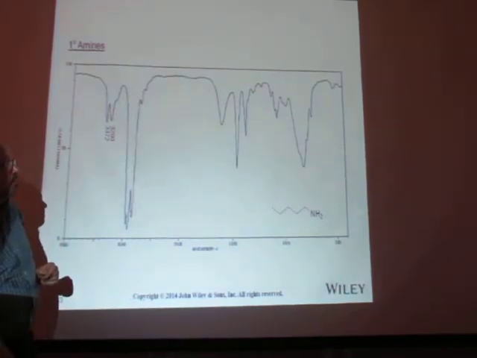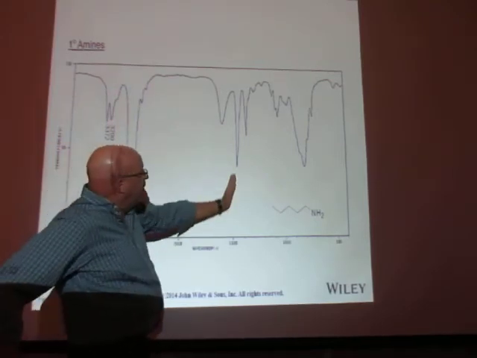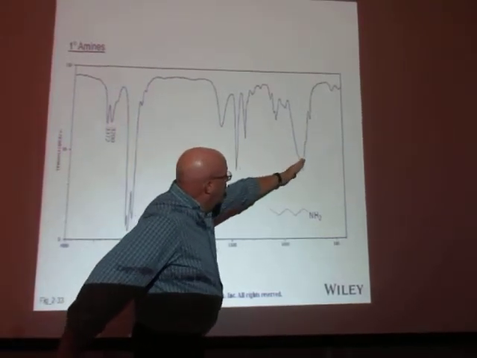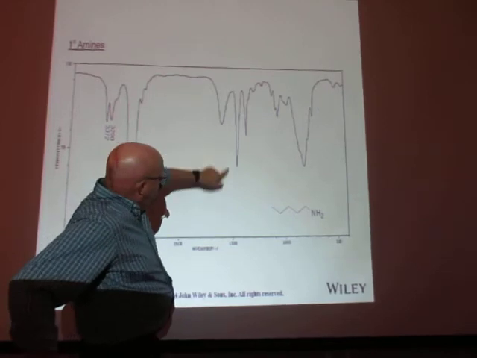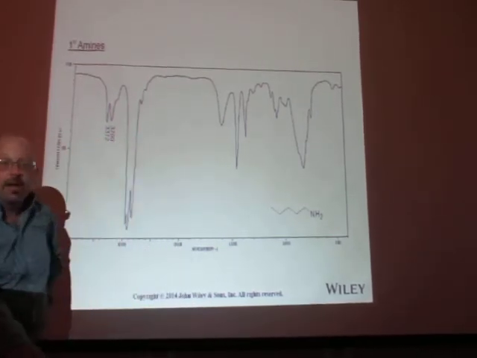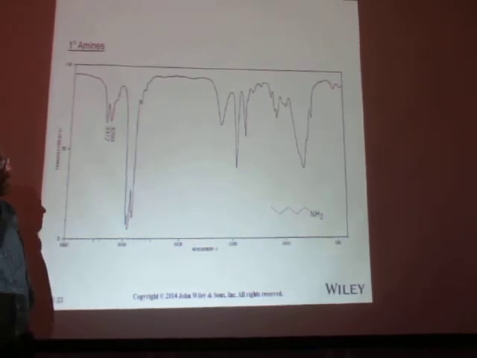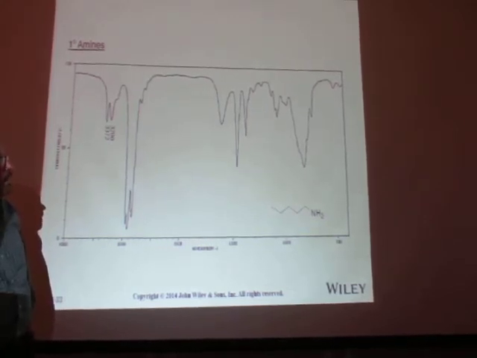You've got two hydrogens on the nitrogen. Most everything is 1500 and below, fingerprint region. There is something here right at 1600. I have no idea what that is. That's some kind of impurity peak. It doesn't belong there in the spectrum. I don't know what would be in there.